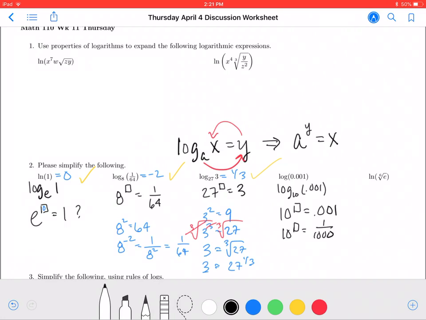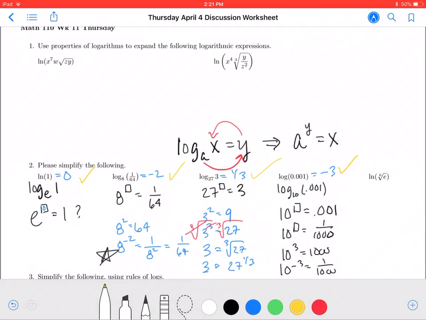Okay, and again, this is similar to the problem with log base 8, because I'm dealing with denominators. So I just know that all that means is that my exponent will be negative. So 10 to what power would give me 1 over 1,000? Well, 10 cubed is equal to 1,000, so 10 to the minus 3 would give me 1 over 1,000. So my answer is negative 3.